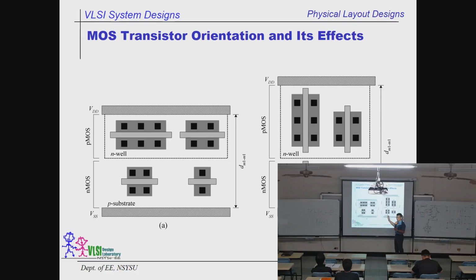Either way is fine, but you don't use the vertical direction of the current and mess it up with the horizontal direction of the current. That will be a disaster. That's rule number 1 for the orientation of your transistors. You select one of them, that's fine.